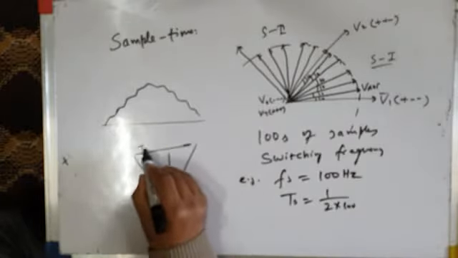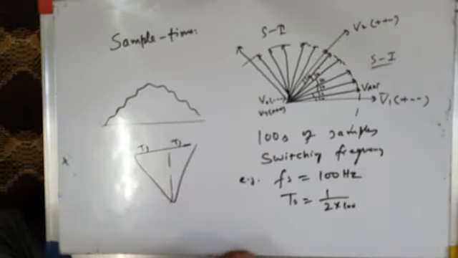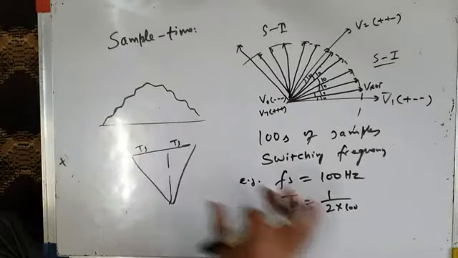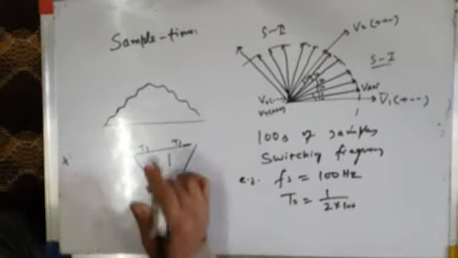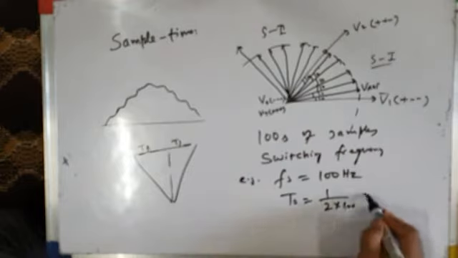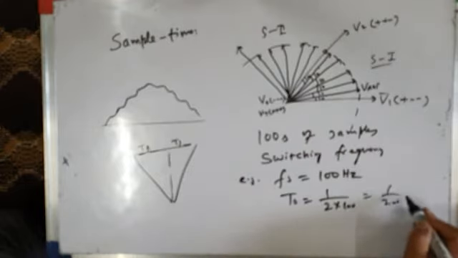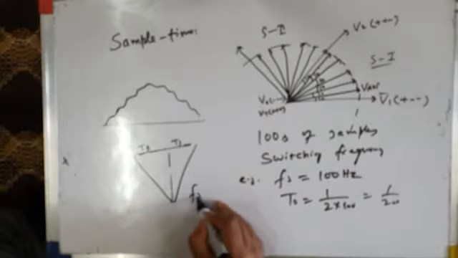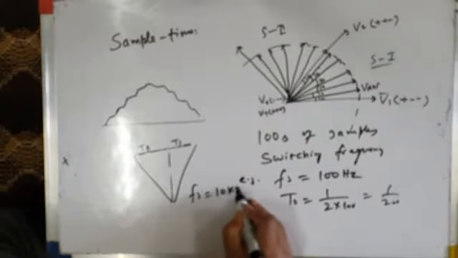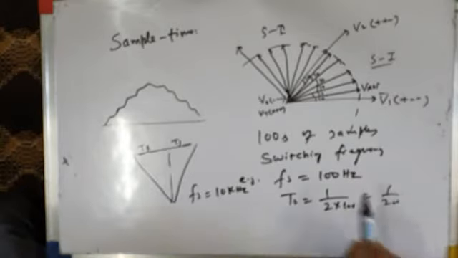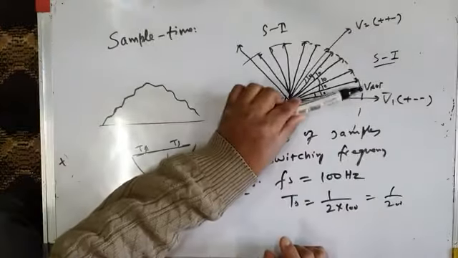The full carrier is this, this is TS, this is TS. So if you take the full time period, that is 1/100. But this TS is half the carrier period, so it is 1/(2 into 100). So it is 1/200, so sample time is very, very small. On the other hand, if you take switching frequency, say 10 kilohertz, the samples will come far apart.